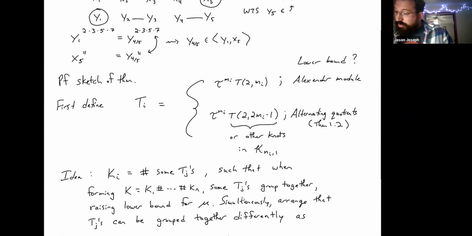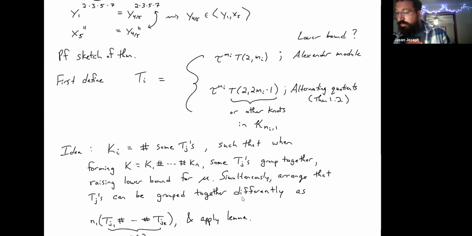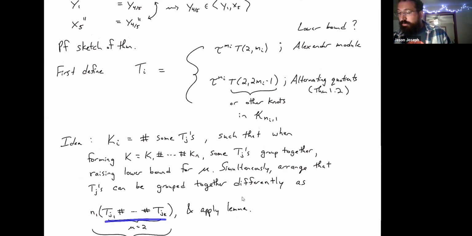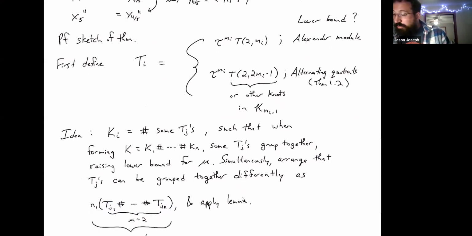So the K_i's are going to be some combination of these T's such that when you stick them all together, some of the T's group together in a way that raises the lower bound sufficiently high to q. And at the same time, you have to be able to rearrange them so that you can group them together as a connected sum of different J's, where these are the co-prime twist spun knots, and apply the lemma.